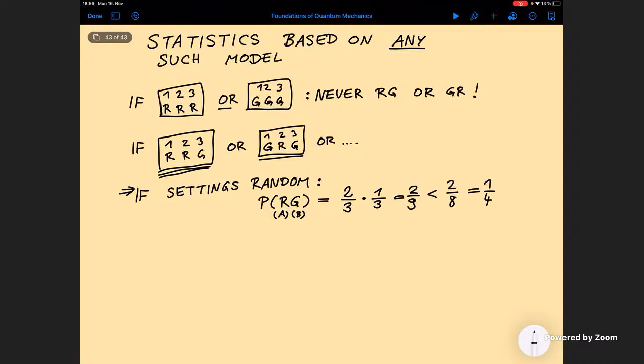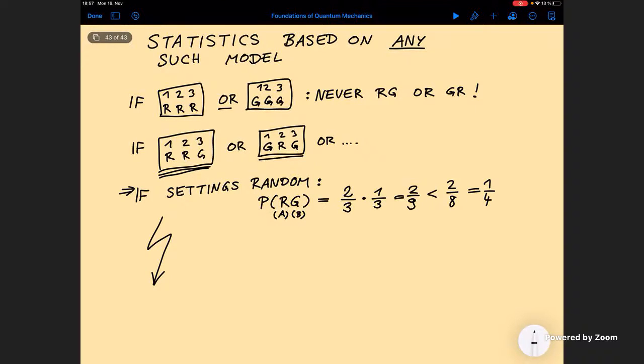And so now you suddenly see a problem. Regardless of the way we pick our different tables or pick our different objects to come out of the source, we never achieve a probability for an observation like RG to be equal to 1/4, because either it's 0 or it's less than 1/4. There are no other possibilities. So this is a very big problem, because remember, when the settings were random, the observation stated that also the color combinations came out random.